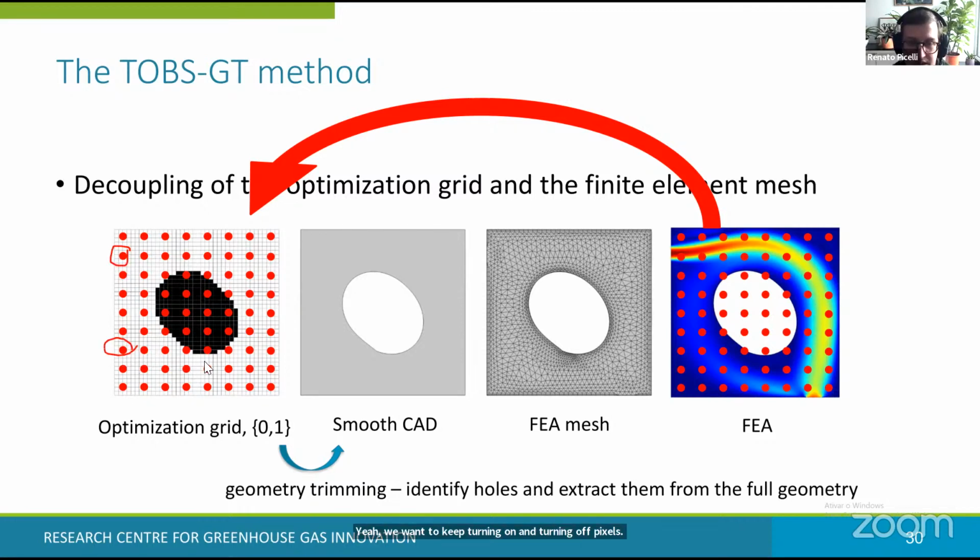Because of that, we have the ability to create holes, and we are closer to SIMP or density based, the way material distribution was first developed for topology optimization. We do not want to use a parametric level set in the optimization. We are now using a parametric level set only to smooth the CAD. In the paper we published, we used image filtering smoothing. Nowadays we are using level sets to model the smooth CAD, but we still want to keep the binary solution because that gives us less dependency on penalization.